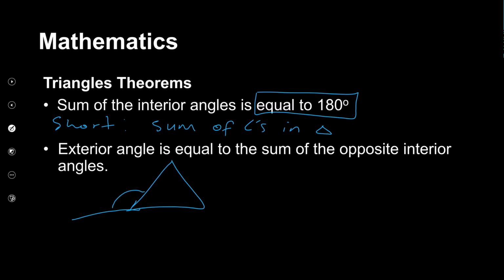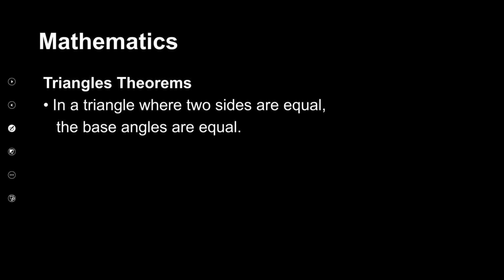Then this will be equals to, if that was x and y, it will be x plus y. And the short way of writing this as well will be exterior angle of a triangle. And you leave it there. You don't need to then continue and say is equal to the sum of the interior opposite angles.